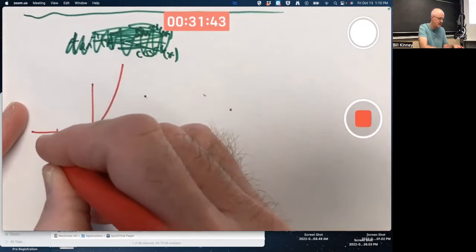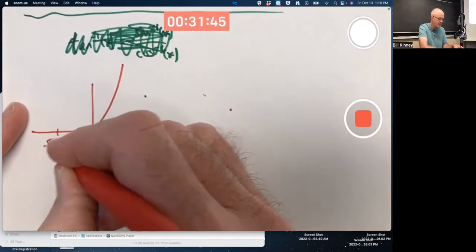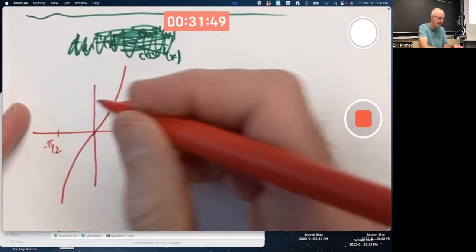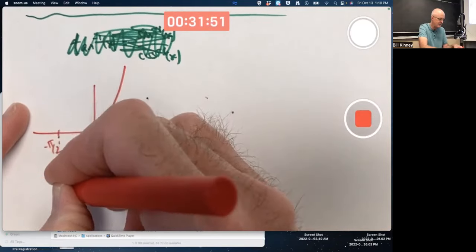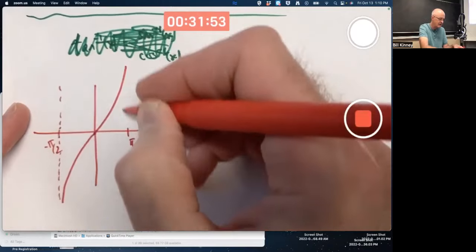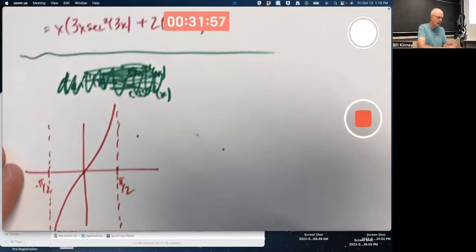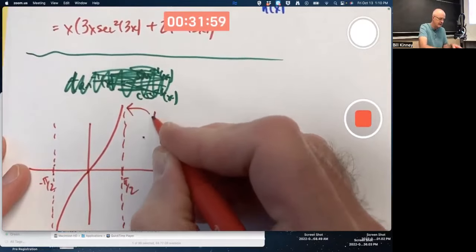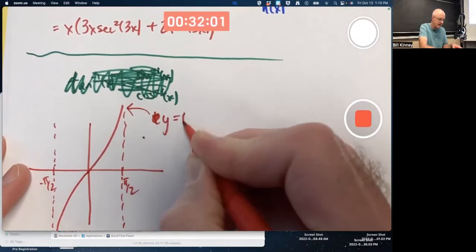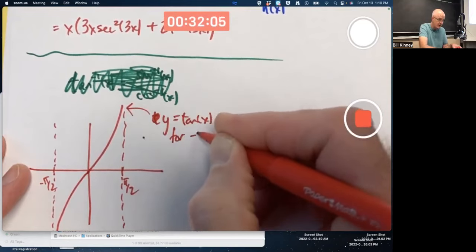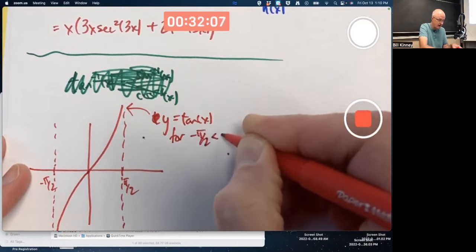So here again is the tangent graph. Inputs between negative pi over 2 and positive pi over 2, not including the endpoints, because you got vertical asymptotes at the endpoints. So that's y equals tangent of x for x strictly between negative pi over 2 and positive pi over 2.